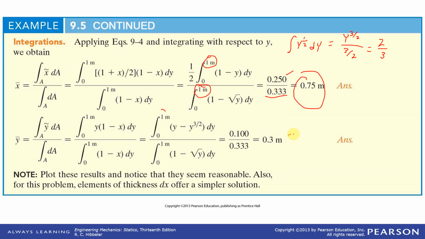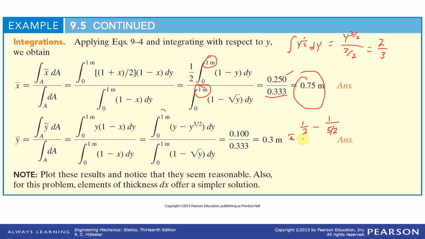The integral of y dy, the definite integral I should say, is 1/2 meter squared, minus 1 over 5/2, or 2/5.